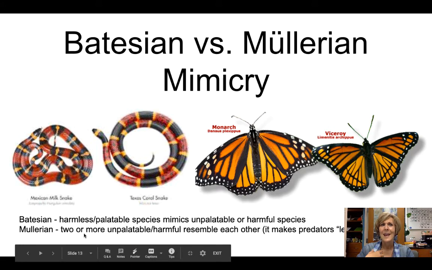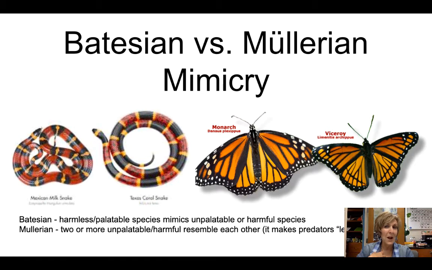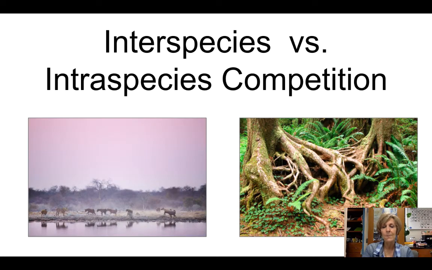And obviously, if I am a butterfly, I really don't want anybody to eat me. I would rather have people not eat me. And so organisms can evolve certain unpalatable, alkaline, bitter tasting things so they won't be eaten. Or they can use this mimicry to try to increase their chances of survival.